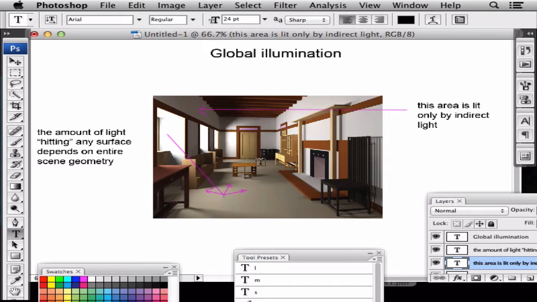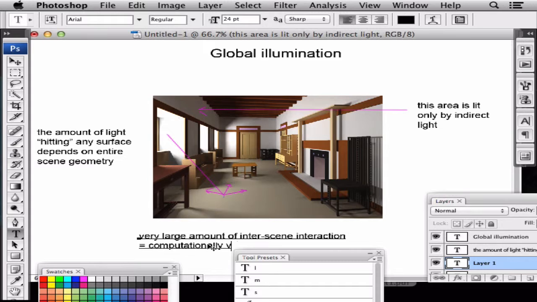So the algorithm to calculate the light has high complexity. Expensive to simulate.